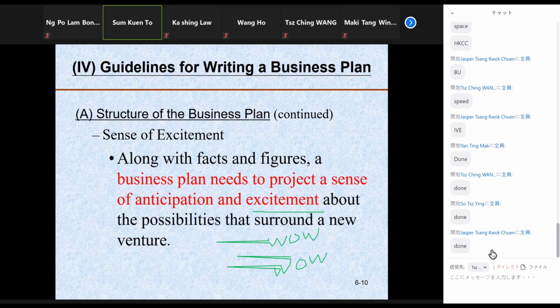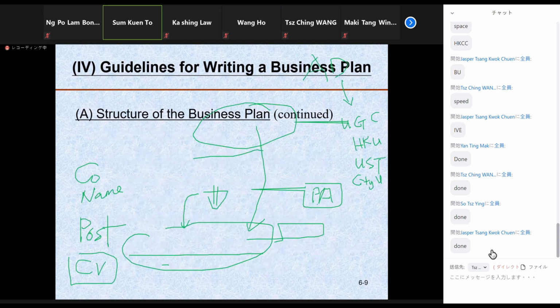If your content is so attractive, you should have some sort of excitement and anticipation. Structure must follow tradition.